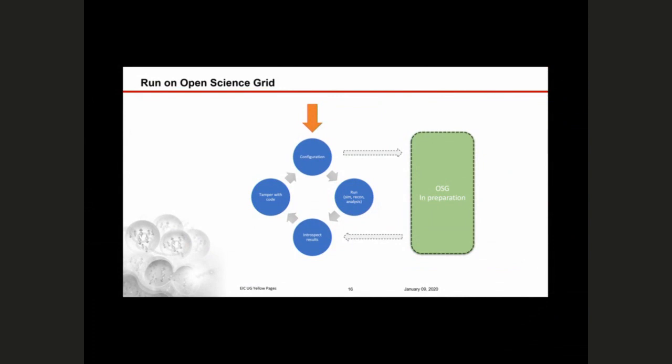It allows you to run some configuration and make sure that it produces some plots. And then we will have a button: okay, I like this configuration, now send it to the OSG or other farms that we will have. And right in the Jupyter notebook, you will have results and updates, and finally you can process the results.